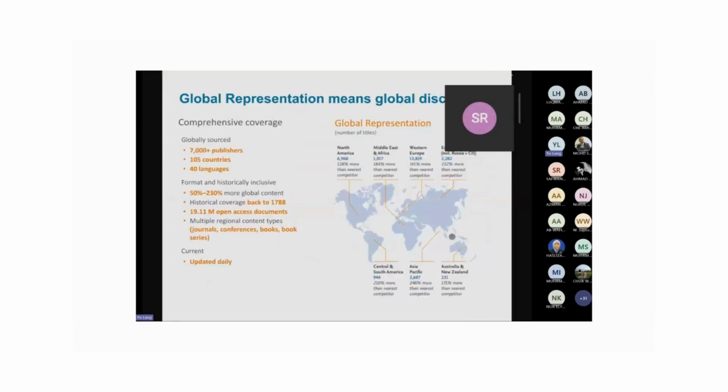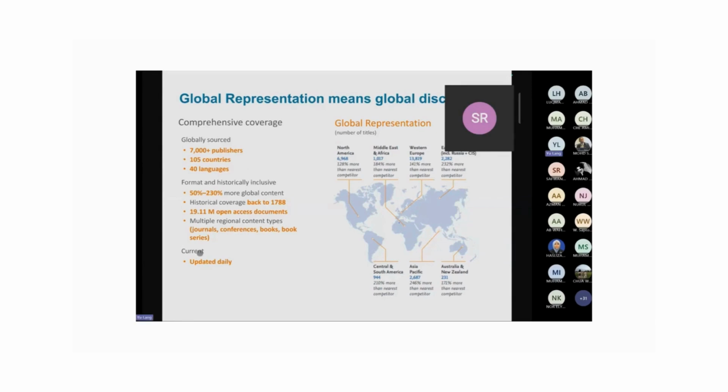The abstract index is globally sourced, including all 7 continents and emerging countries. 40 different languages are covered, but the abstract and references must be in English.